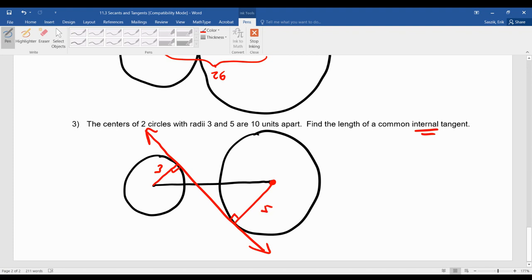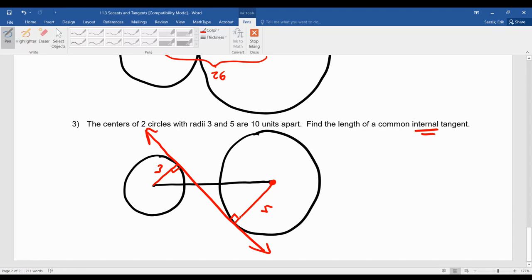This one's maybe a little bit trickier. Watch what I'm going to do here now. I'm still going to create a right triangle and a rectangle, but I'm going to do it a little bit differently. I could do this in 2 spots. I'm going to extend one of these radii. I can extend this one, or I can extend this one. It doesn't matter which one. I'm going to do this one down here. But watch, you see this length of 3?